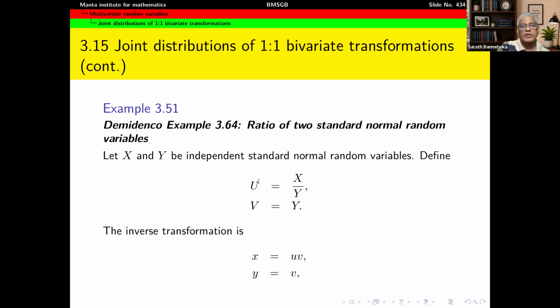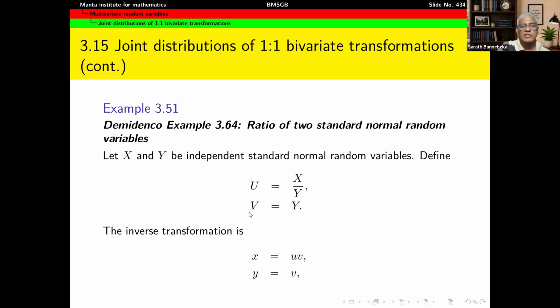That's what we generally have to do. So you have to select a suitable function. Suppose this was the only function given, then you'll have to choose some other function of x and y so that the transformation will be one-to-one. And also for convenience, you can select the second variable according to the convenience.